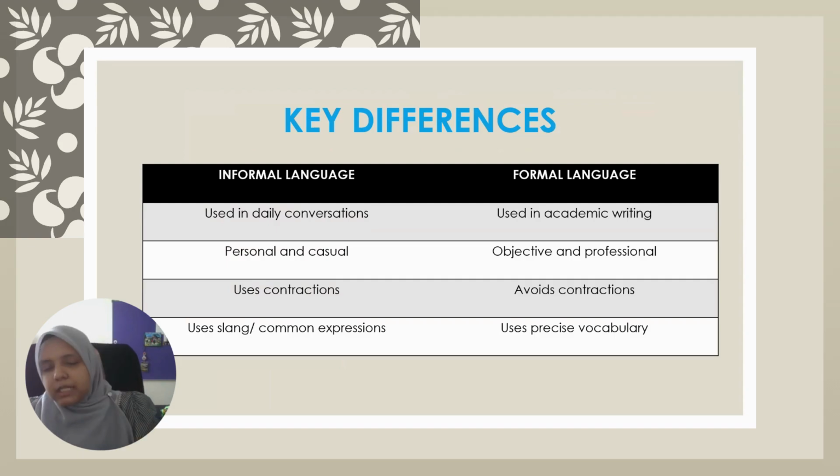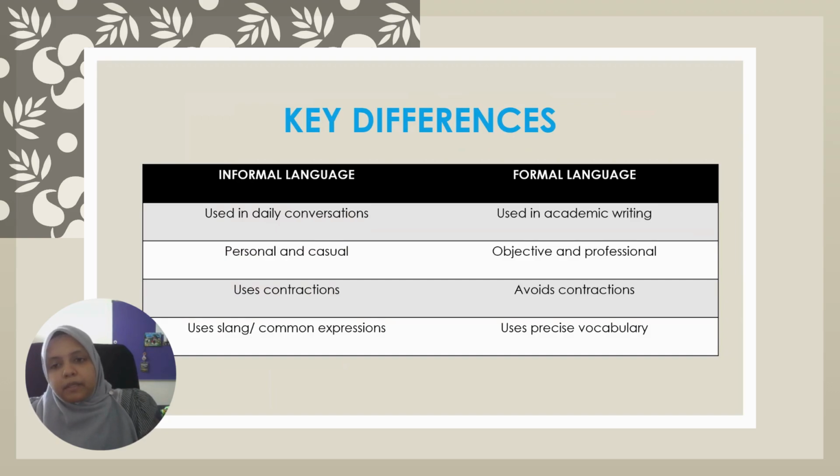So let's take a look at the main differences between informal and formal language. We know that informal language is commonly used when we communicate with our friends, our family, our relatives, or people we know well, which means it can be a casual conversation, all right, daily conversation.